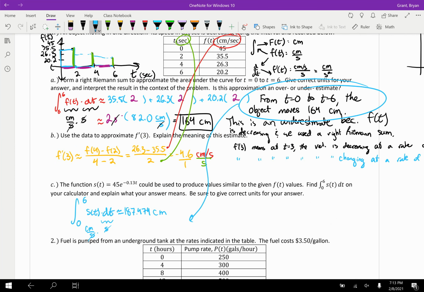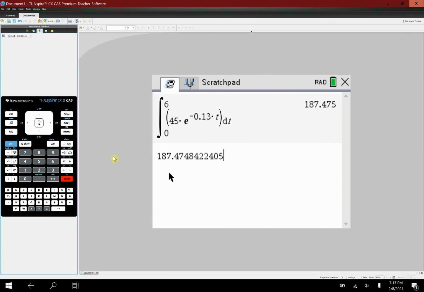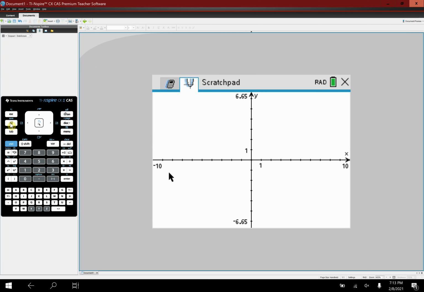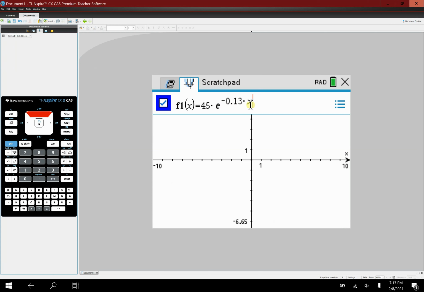Now, I promised a couple different ways to do this, and so let's go through the rest. The second way that we could do this, let me clear this out of here, is you could go to your graphing screen first, and you could go ahead and type in that equation, though using x, because it's always a function of x. So if you already have that equation graphed, then I can just use the name f1 of x. That's what it's called.